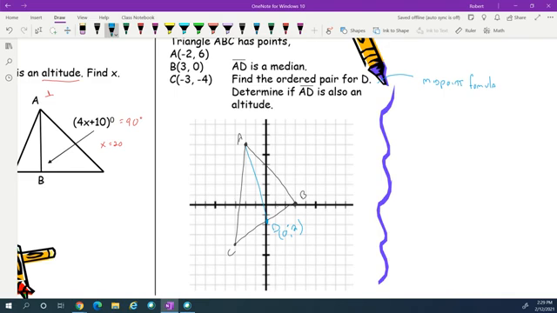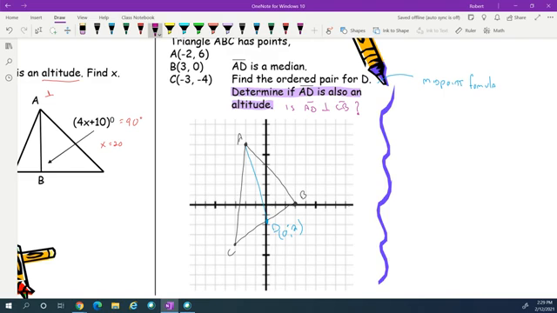So what's the new piece here? We're going to determine if AD is an altitude, which means is AD perpendicular to CB? An altitude has to go from a vertex perpendicular to the opposite side. Well, it's going vertex to opposite side. Question is, is it perpendicular?